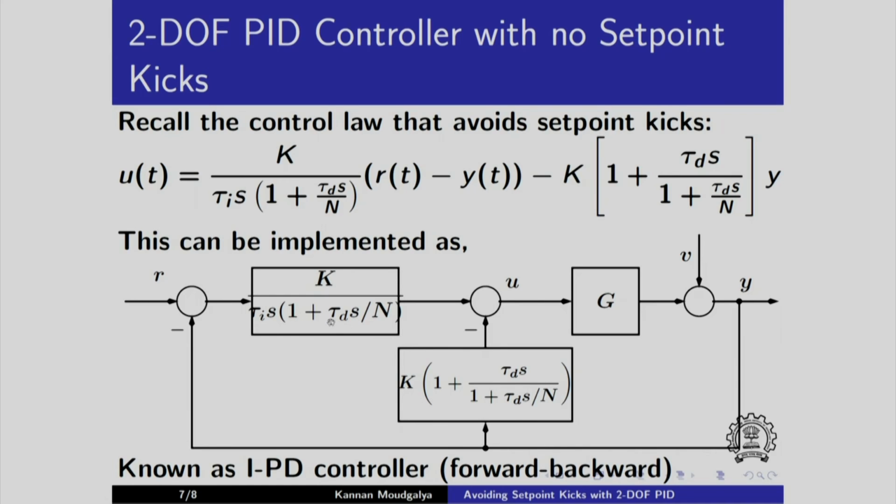So unless I have 1 plus tau d s by N here also, because this is the denominator here, the same denominator is present here, unless both are identical I cannot keep Rc the same. We got Rc the same from these two terms. That is possible only if I have this term. That is the reason for including this extra term in the integral form.